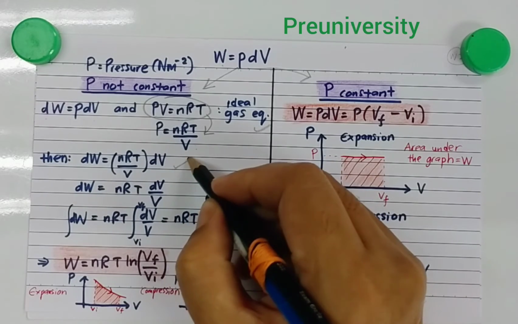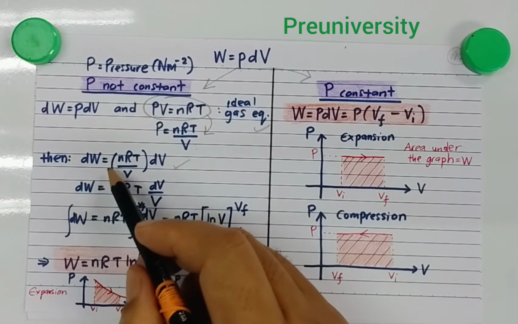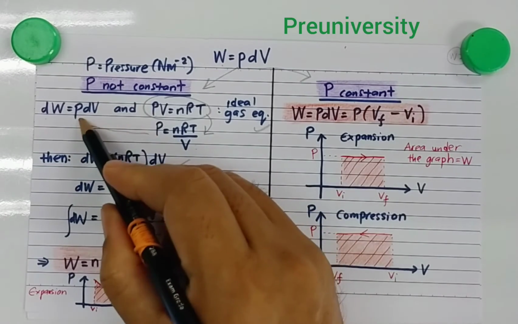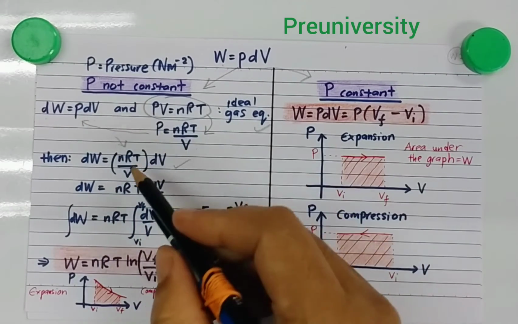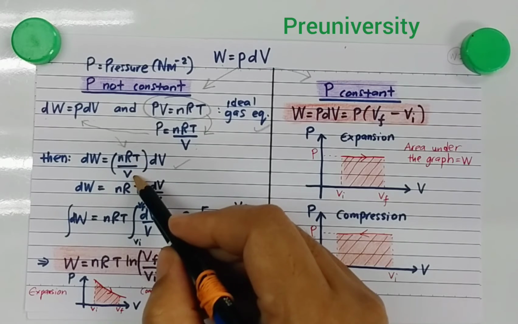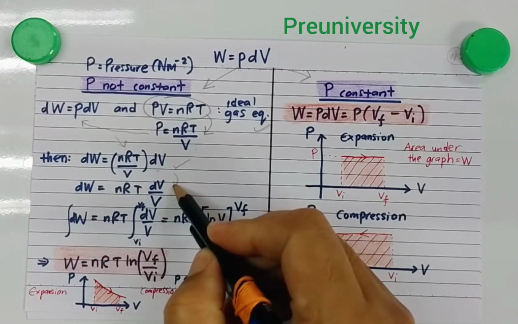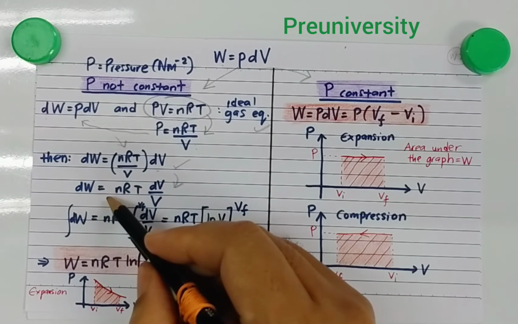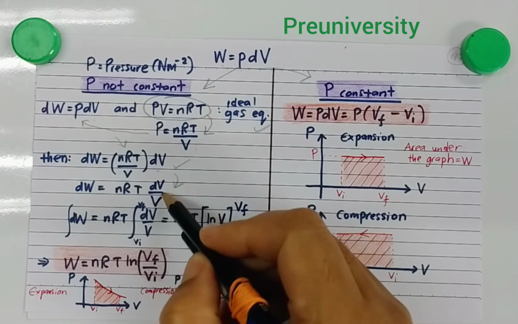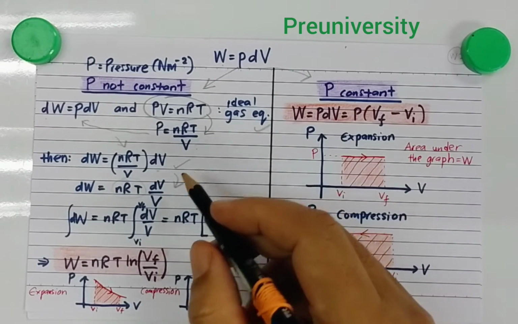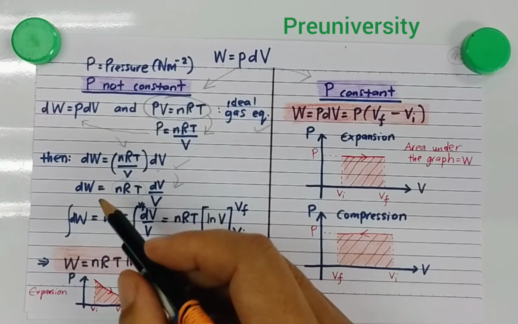Then we continue. Delta W is equal to, we replace the P here, then we get nRT over V delta V. So we rearrange the equation, then we have delta W is equal to nRT delta V over V. nRT is a constant. And then we apply the integration on both sides.